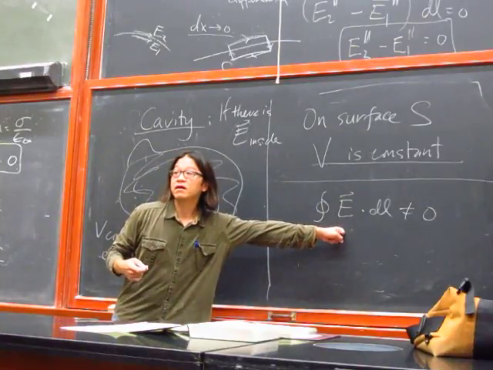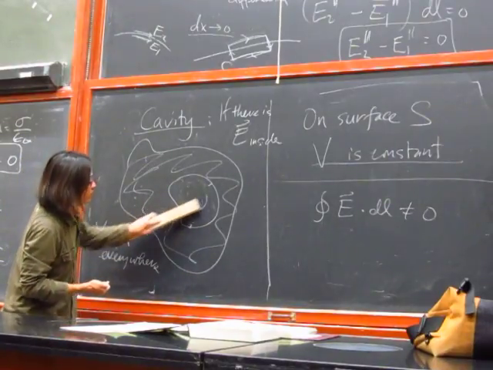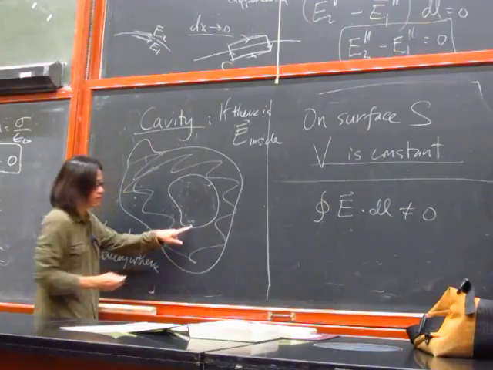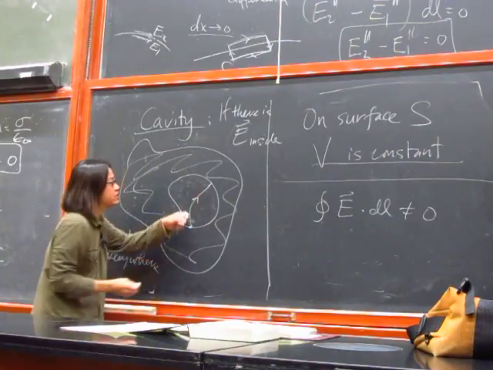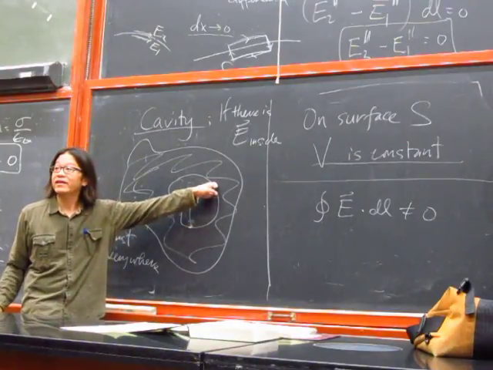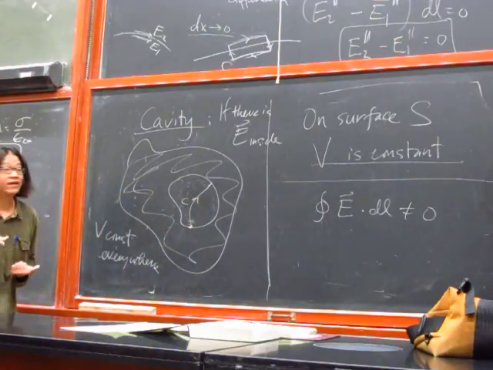So this doesn't work. If there is an electric field inside, then it has to start at the surface, and it has to end at some other point on the surface. Let's call this curve C.